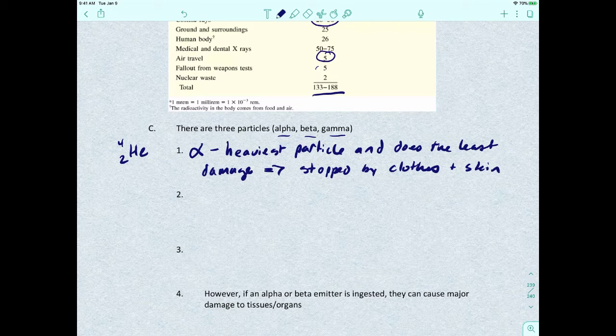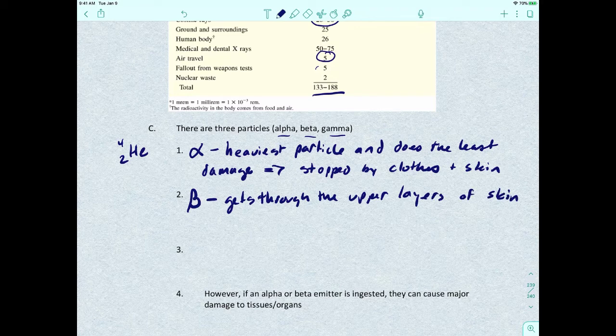The next one, the beta particle, gets through the upper layers of skin. Think of it as like a sunburn, but instead of only affecting the top layer, it's going to affect several layers underneath. So think of it like a sunburn, just deeper.